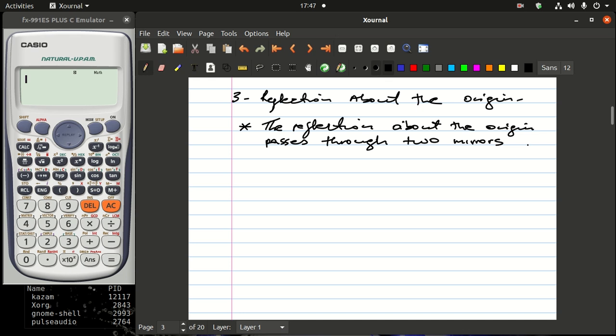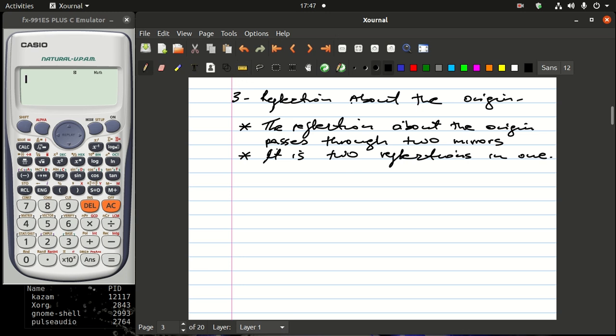In other words, you have one mirror image, and it passes through two mirrors. It is two reflections in one. Let me explain what is happening here.